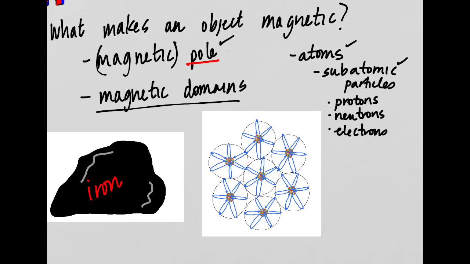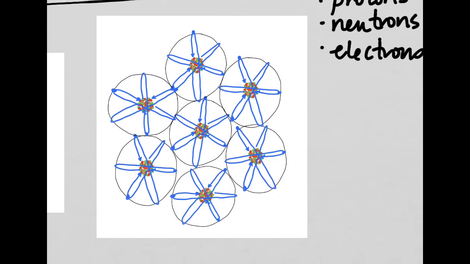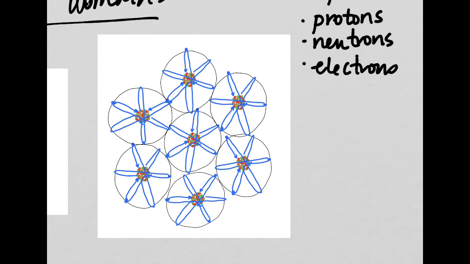So if I were to zoom way into this one piece of this iron, I would see atoms. And atoms, like I just told you, contain protons, neutrons, and electrons. So the protons and neutrons are here in the center of all these atoms, okay? And spinning all around these blue lines, these little blue dots and blue lines, these are the electrons.